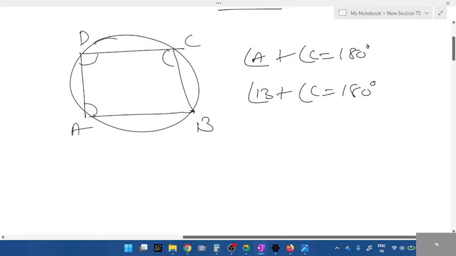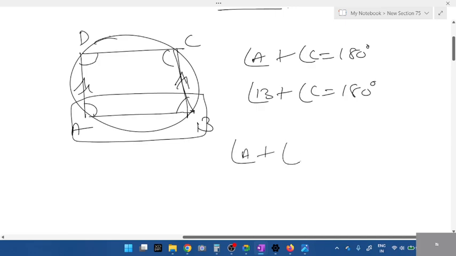Yes, when parallel lines are given. If I write AD and CB are parallel, students, where are the parallel lines? Then these two angles are allied angles. Angle A plus angle B is equal to what? The same way, angle C plus angle D is equal to 180.